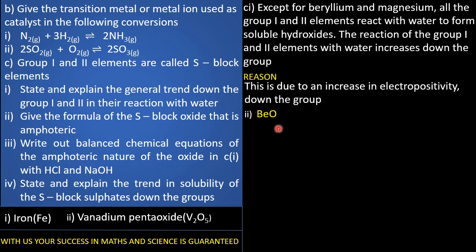Then the Roman 3 wants us to write out balanced chemical equations of the amphoteric nature of this oxide, with HCl and sodium hydroxide. So guys, you should know that an amphoteric oxide simply has both acidic and basic behaviors.